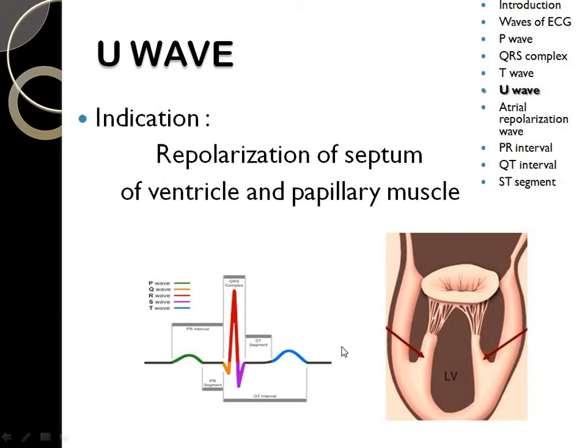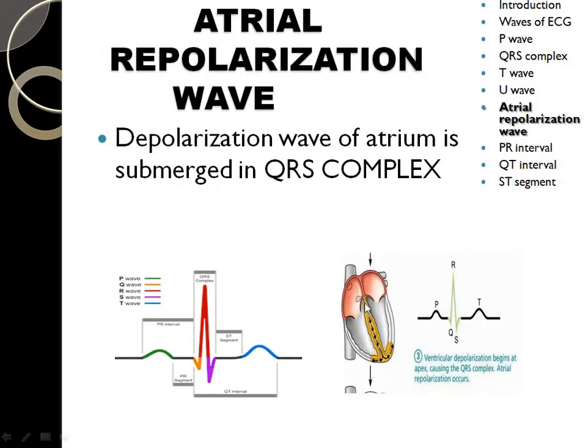Now you think, when the AV node passes the electrical impulse to the bundle of His, right and left bundle branches and Purkinje fibers, at that time the ventricles start contracting. At the same time, the atrium starts relaxing. That is the atrial repolarization wave. So, the repolarization wave of the atrium is submerged in the QRS complex.